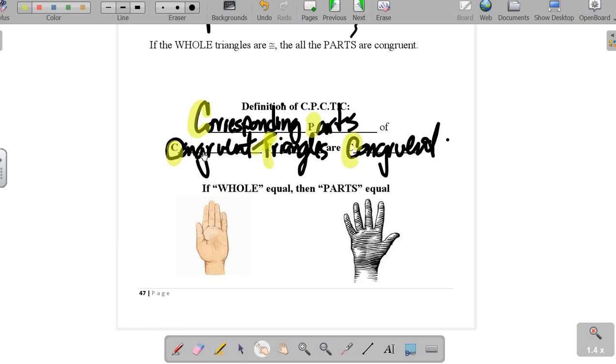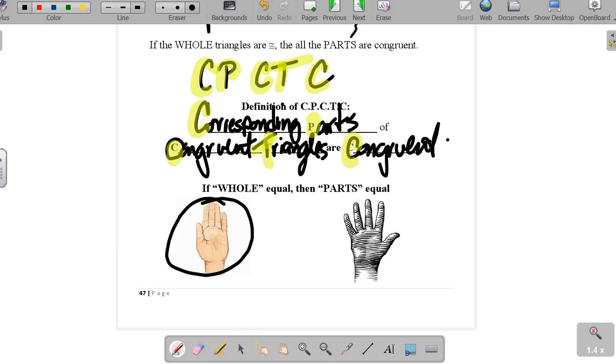That's the acronym CPCTC. What that communicates is if the whole triangle is equal, the parts are equal. It's like saying, if I have congruent hands, then each individual finger is also congruent.